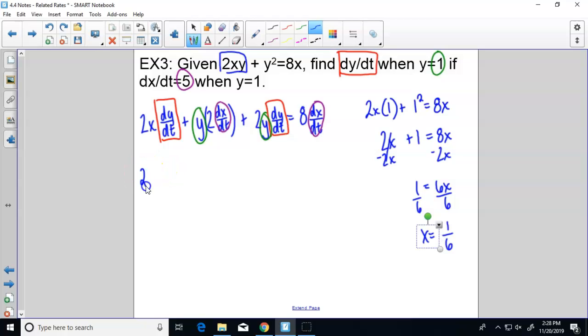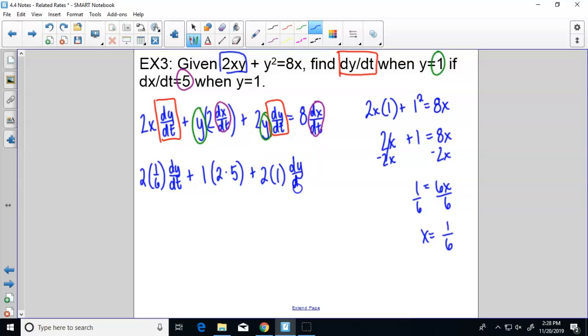So we'll have 2 times 1/6 times dy/dt. We don't want to replace dy/dt. That's what we're finding. Plus 1 times 2 times dx/dt, which is 5, plus 2 times 1 times dy/dt.